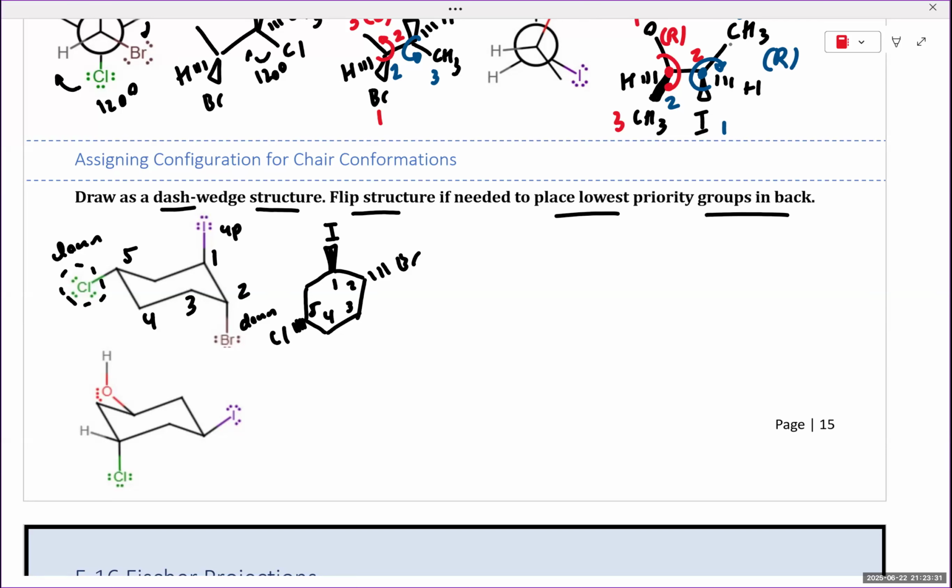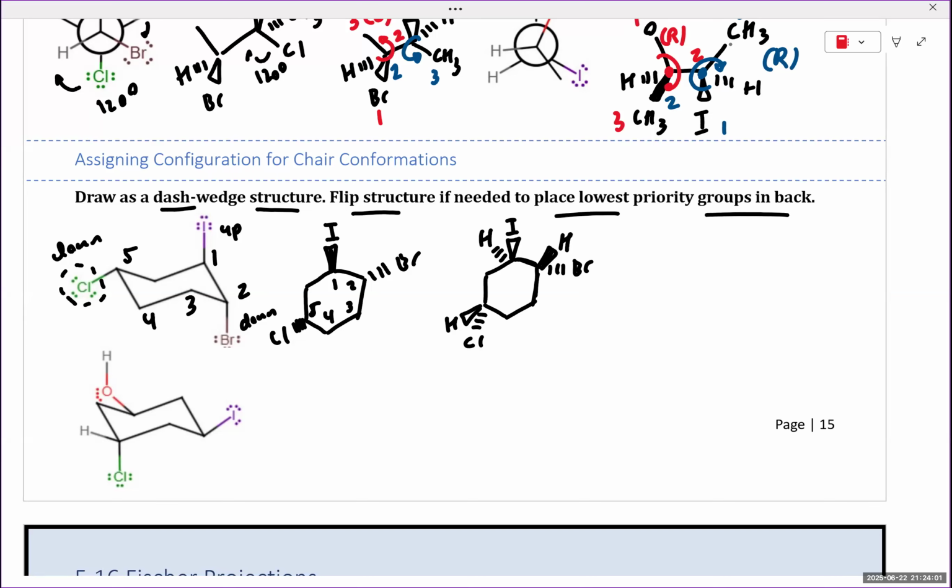We can also draw this molecule out. So here's what this molecule looks like initially. As you can see, we do not have the lowest priority groups in the back in all cases.